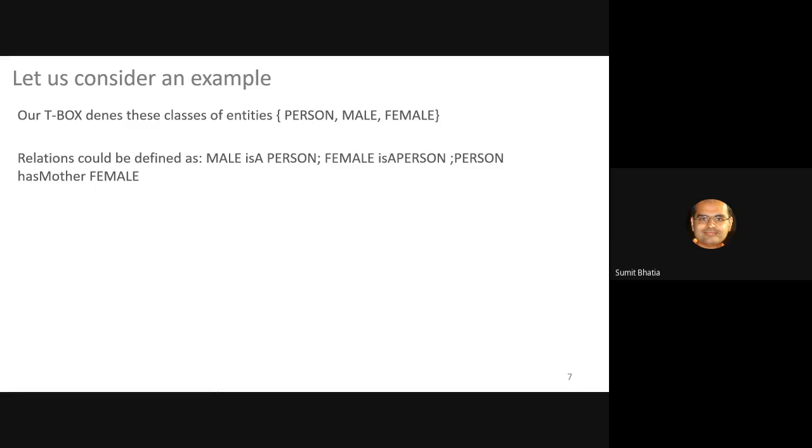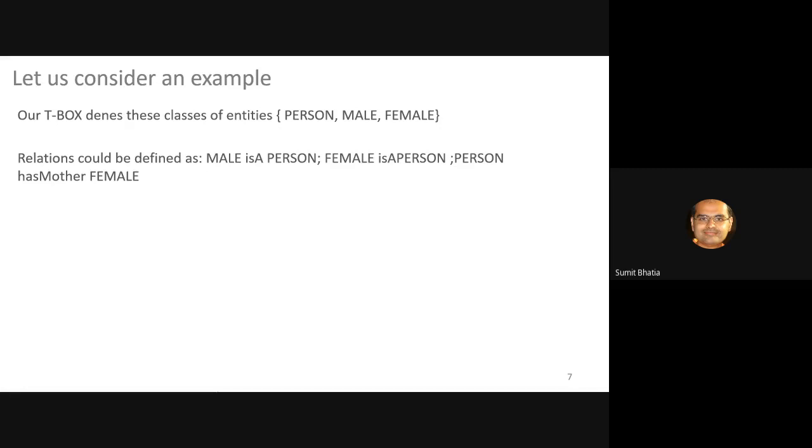Any entity of type female is a person. And any entity of type person is connected to another entity of type female by a relationship called has mother. So in our knowledge graph, we'll have these three types of relationships and these three types of entities.